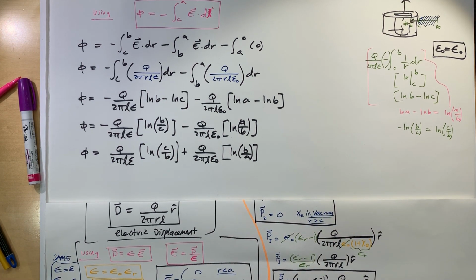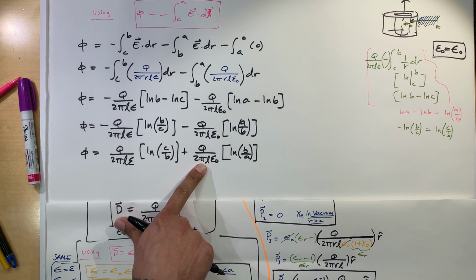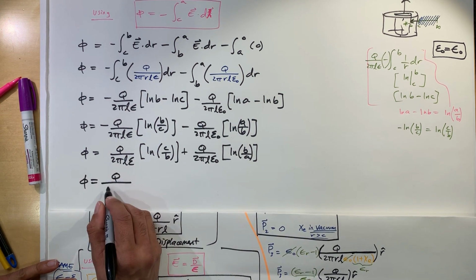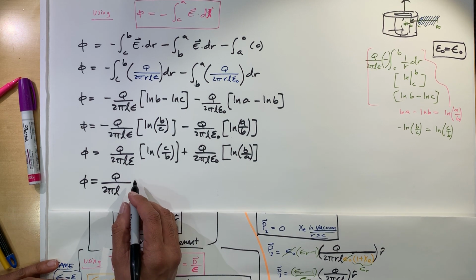And what other tricks do we have? Let's take out everything that's in common, right? And we're also gonna take out epsilon naught. So we're gonna take out a q, we're gonna take out 2 pi L, and let's take out epsilon naught.